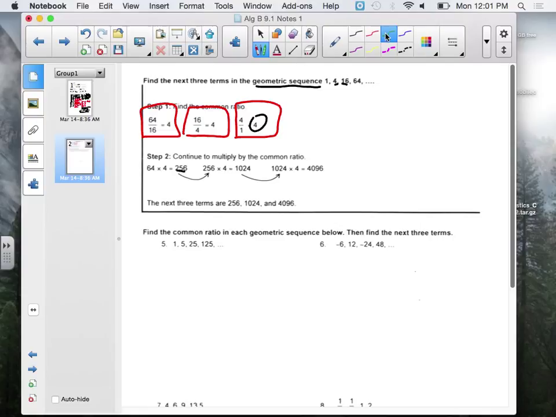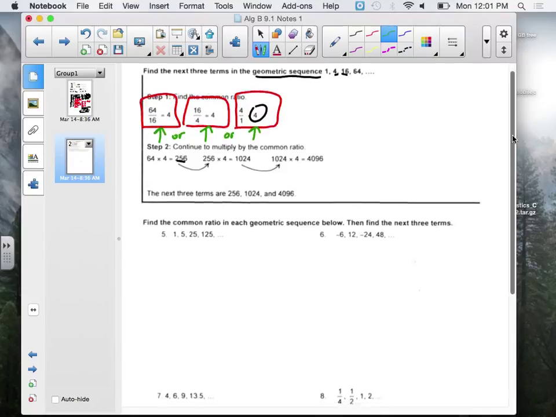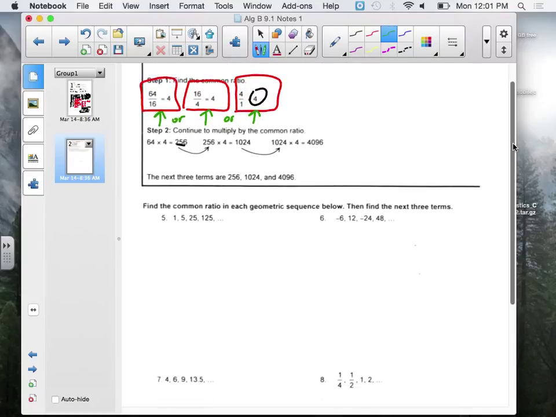So do you have to do all 3 of these? No, you can pick this one, or you could pick this one. You don't have to do all 3. When they tell you it's already a geometric sequence, that's a lot of extra busy work we don't need to do. But then you do need to do all 3 of the multiplications to get your next 3 terms. Okay?